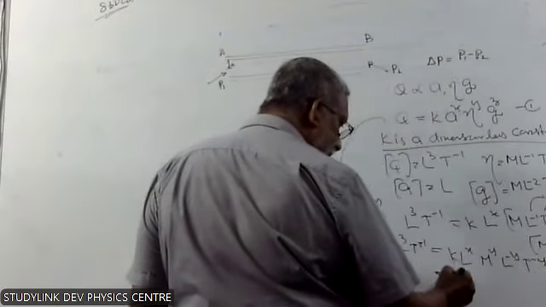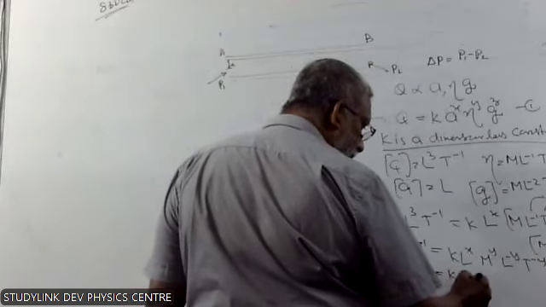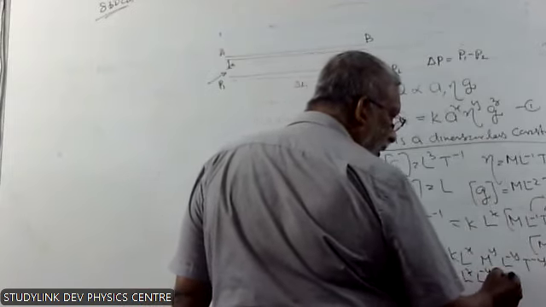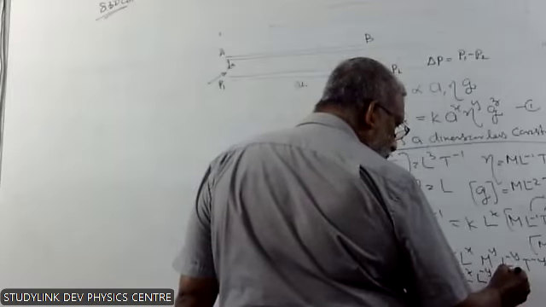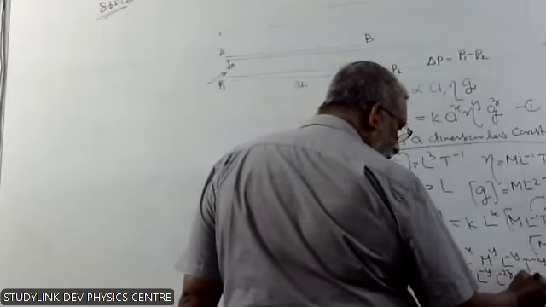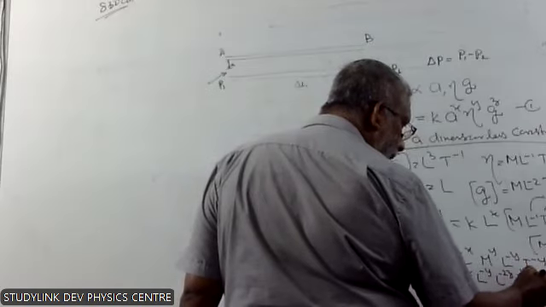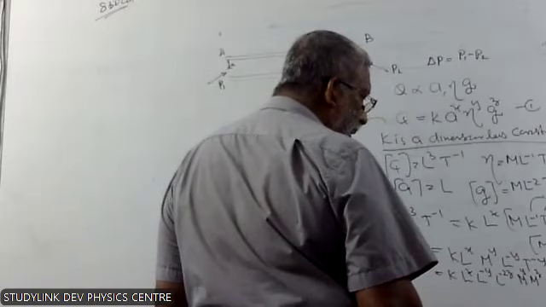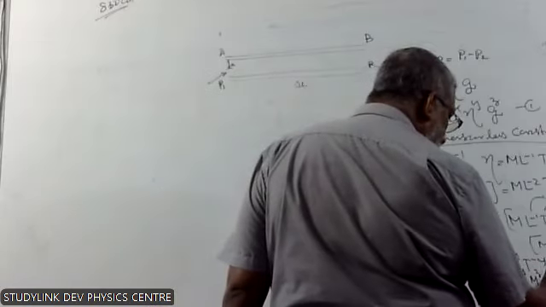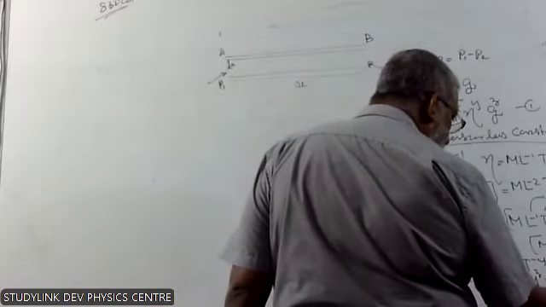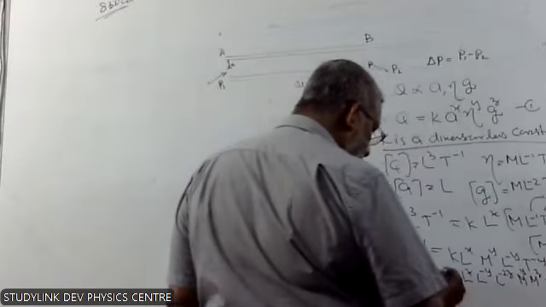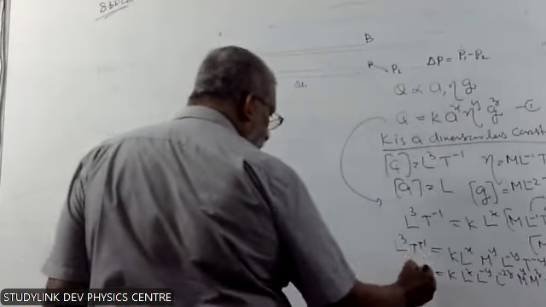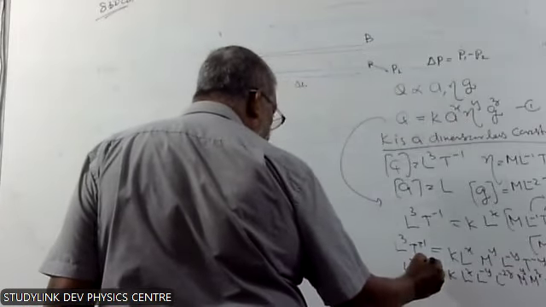After that, take the same dimensions together, closer to each other. L^X, L^(minus Y), L^(minus 2Z), M^Y, M^Z, then T^(minus Y), T^(minus 2Z). Then L cube T minus 1.